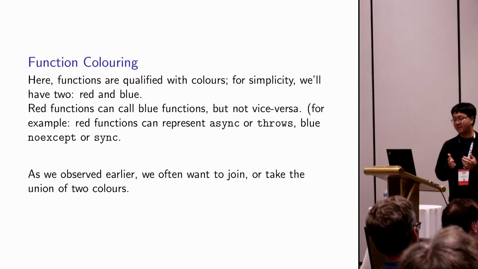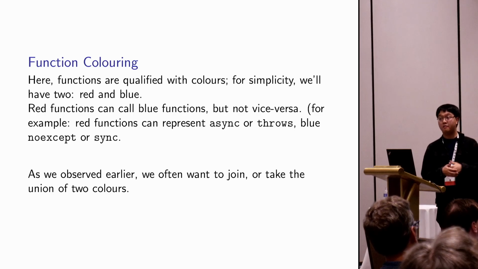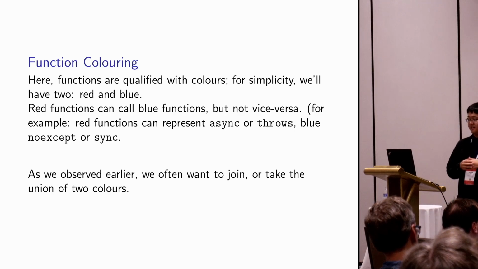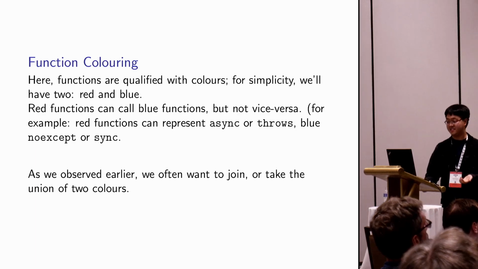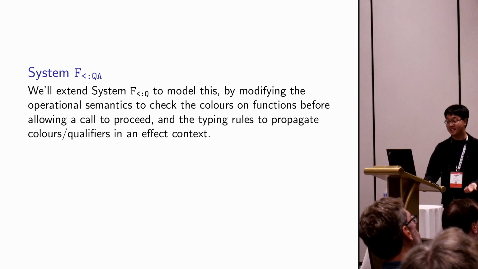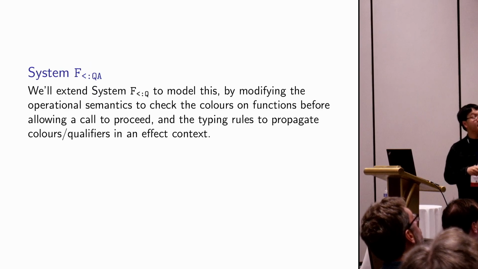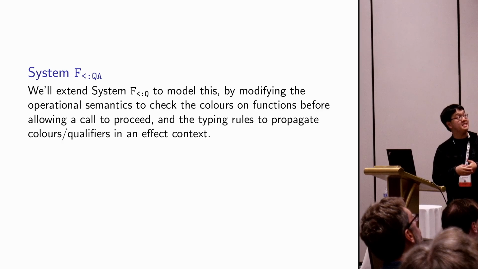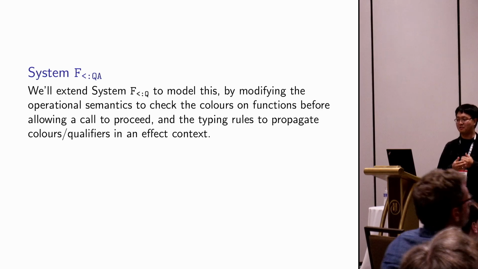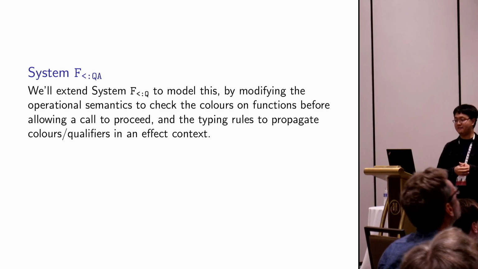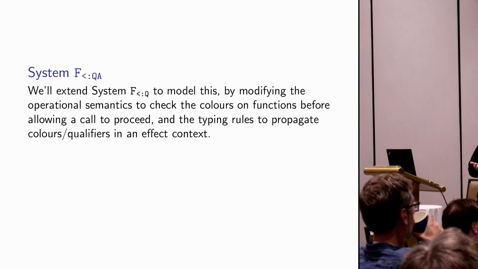As we observed earlier, when we talked about compose, we often want to take the join or the union of two colors when dealing with higher order functions. So this is a useful application. So we'll extend System F sub q to model this by modifying the operational semantics to check the colors before allowing a call to proceed, and the typing rules to propagate colors or qualifiers in an effect context.